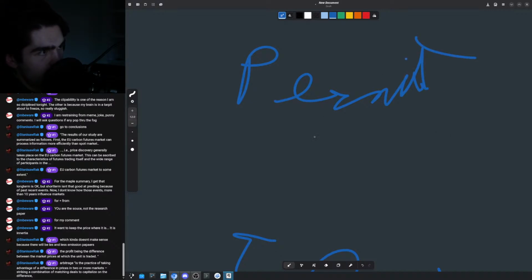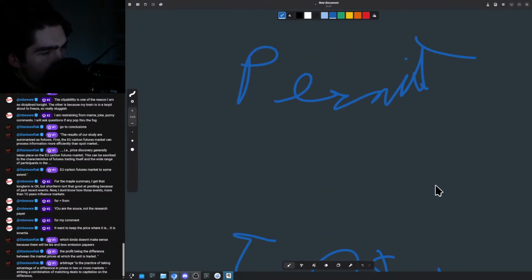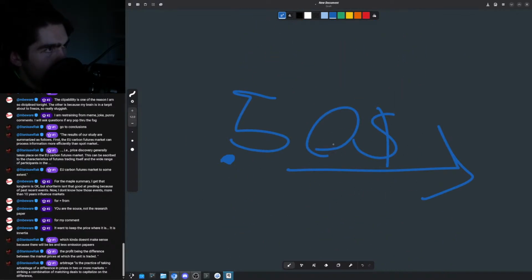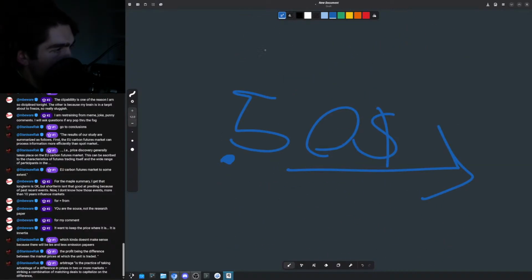Let's say that right now it's $50 for the ton, for the permit, and you don't want to have to worry about where the price will be in a month. You want to have that price. Well, then this is where you're going to buy your futures contract in order to make sure that you have a specific price.